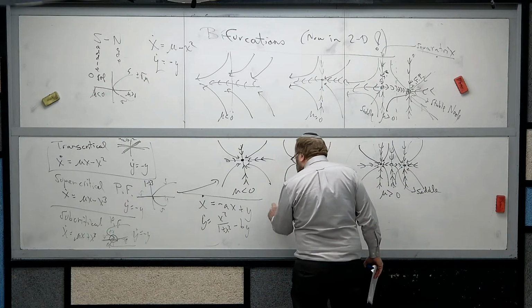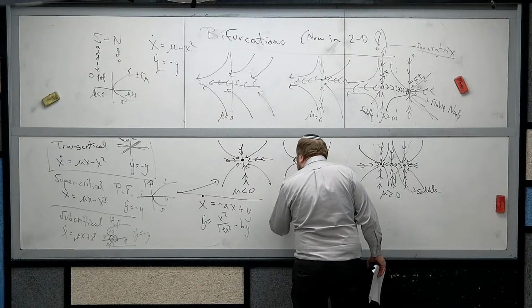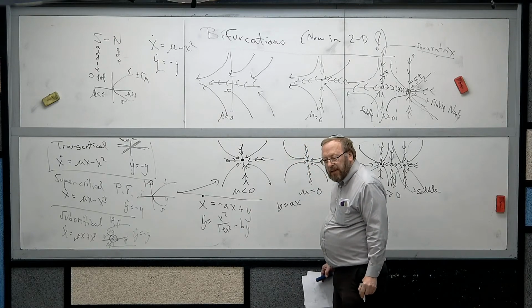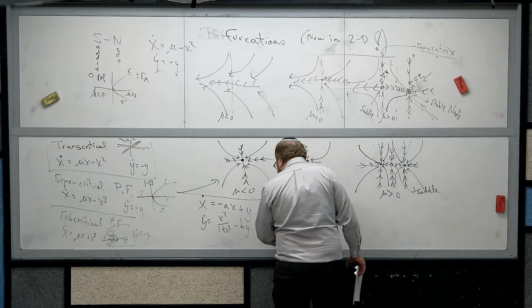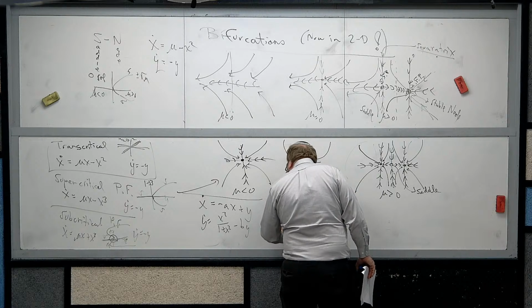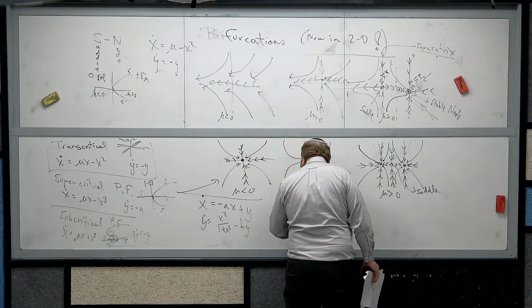So we have to first find the fixed points, right? So the fixed point is y equals ax to satisfy the first equation, right? And then we plug that into here, and we get that x squared over 1 plus x squared equals by, which is abx.